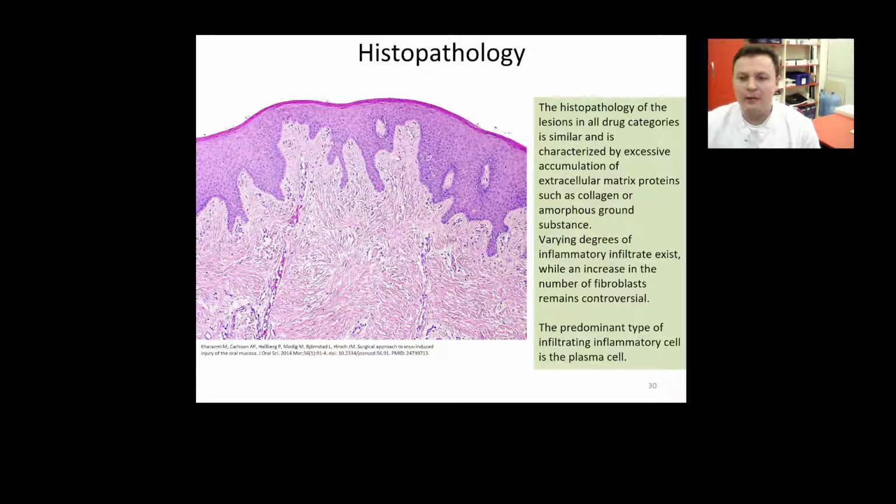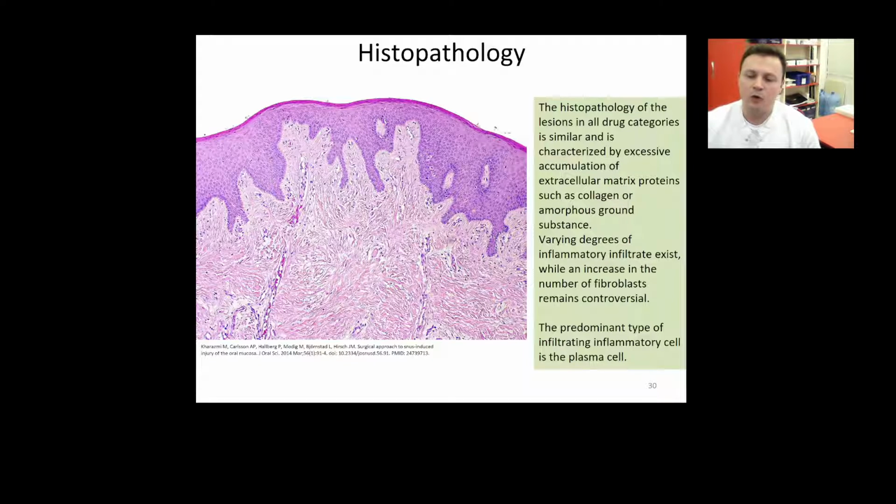Varying degrees of inflammatory infiltrate exist, while an increase in the number of fibroblasts remains controversial. The predominant type of infiltrating inflammatory cells is plasma cells.